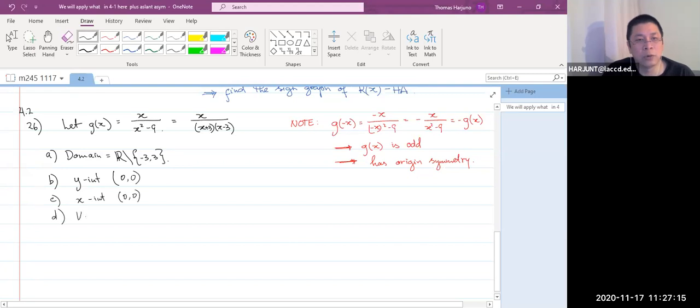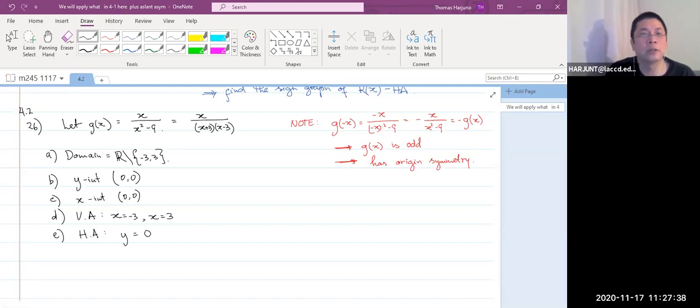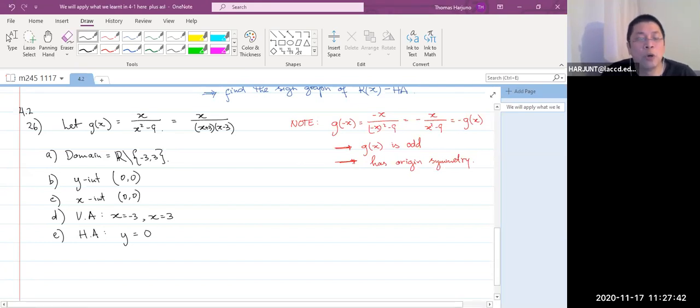Vertical asymptotes: x equals -3, x equals 3. Horizontal asymptote: the degree on the top is lower than the degree at the bottom, so the horizontal asymptote is y equals 0. Now then, there's no hole.